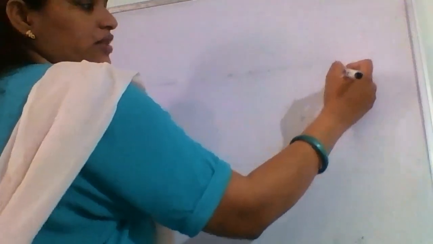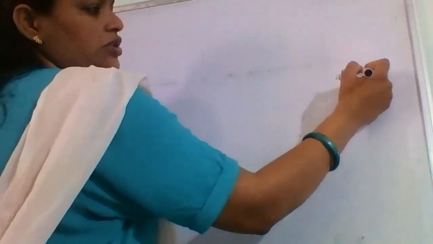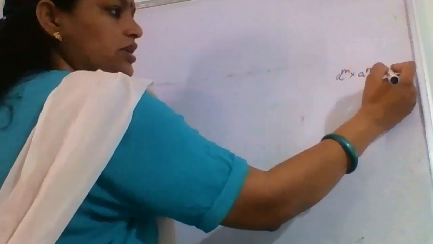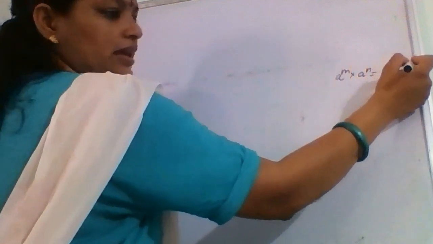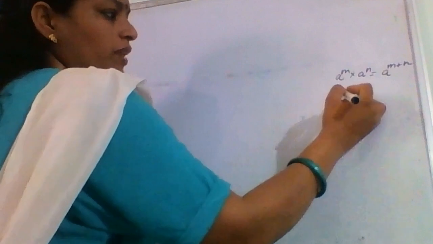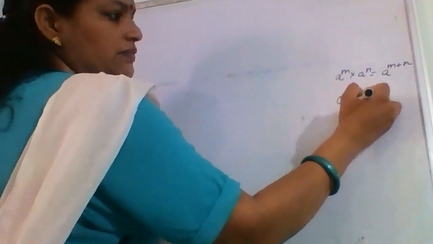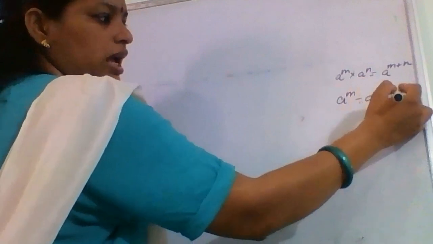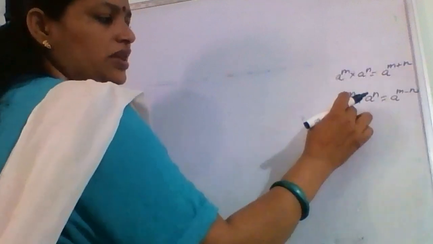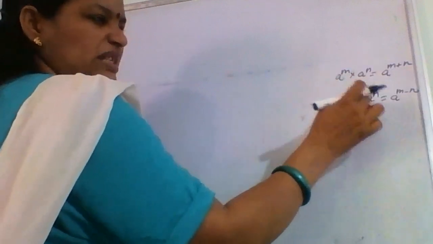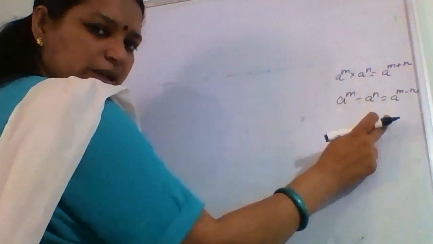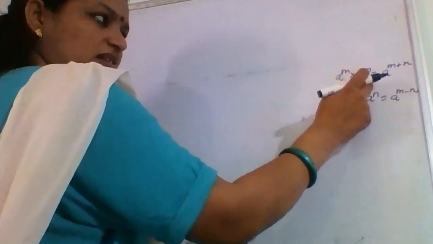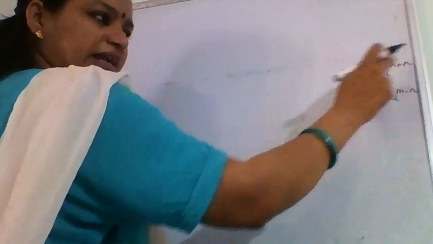I write over here: if a^m into a^n is multiplied, it is a^(m+n). And when a^m divided by a^n is there, it is equal to a^(m-n). So when division is there and the bases are same, powers get subtracted. When the bases are same, powers get added when we are multiplying.